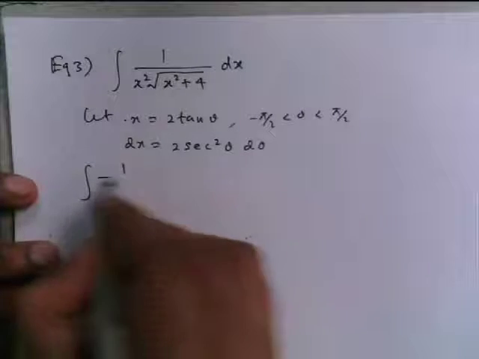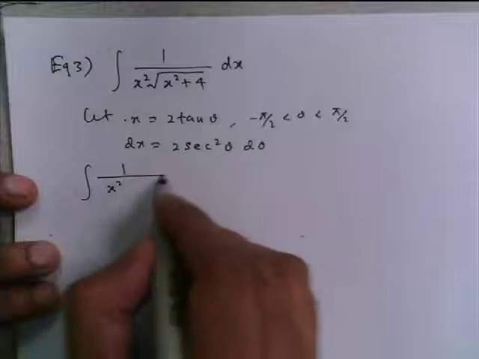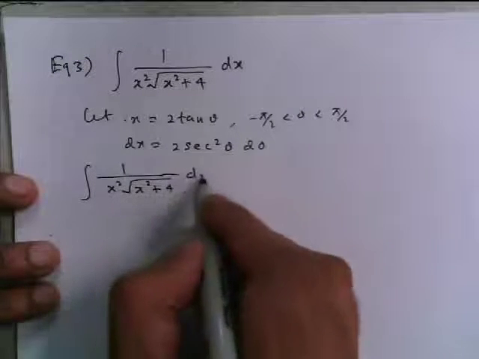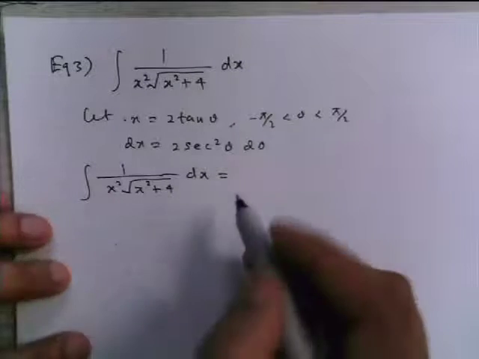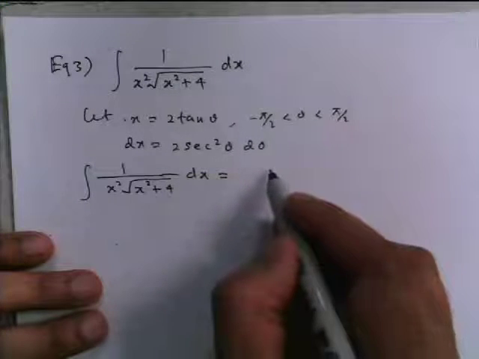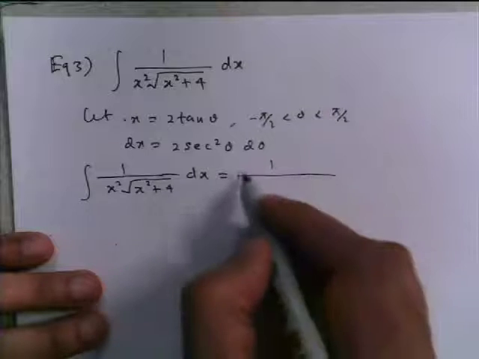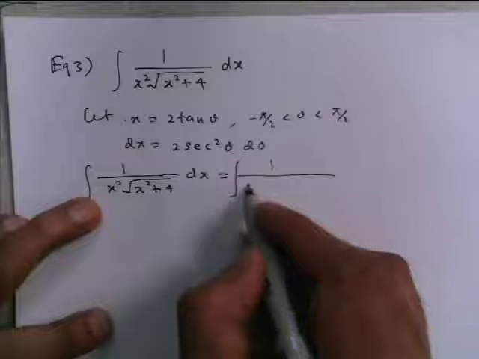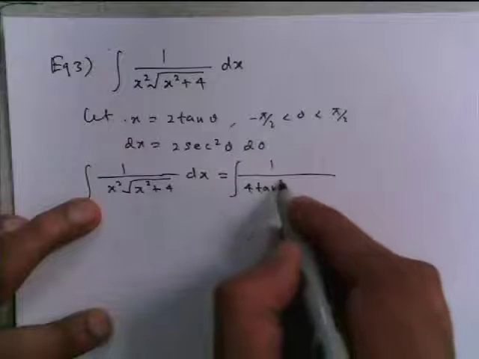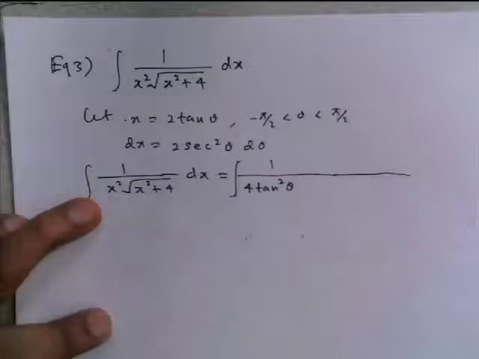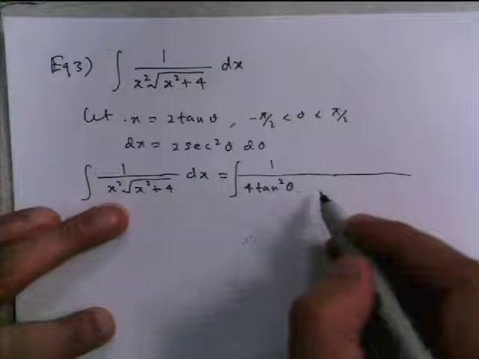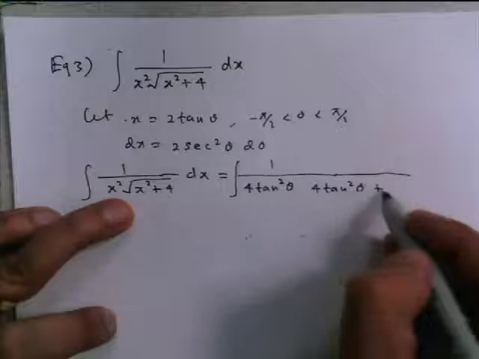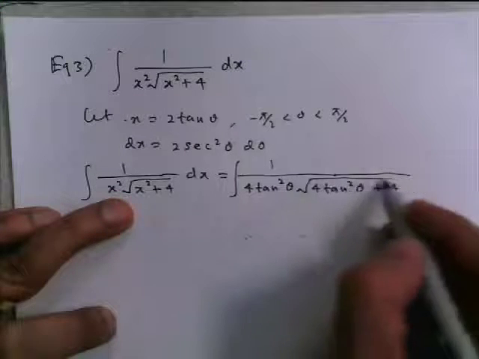So it is 1 over x squared, square root of x squared plus 4, dx. So it is 1 over, x means 2 tan theta, so this is 4 tan squared theta. And then this is again the square root of 4 tan squared theta plus 4.